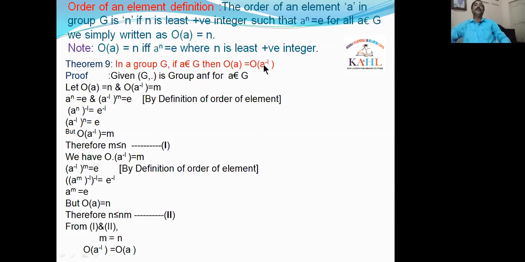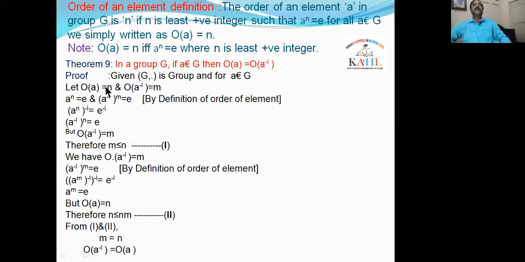For that, it is given that (G, dot) is a group, and a belongs to G. Let order of a be equal to n and order of a inverse be equal to m. We have to prove order of a is equal to order of a inverse. That means we have to prove that m is equal to n.